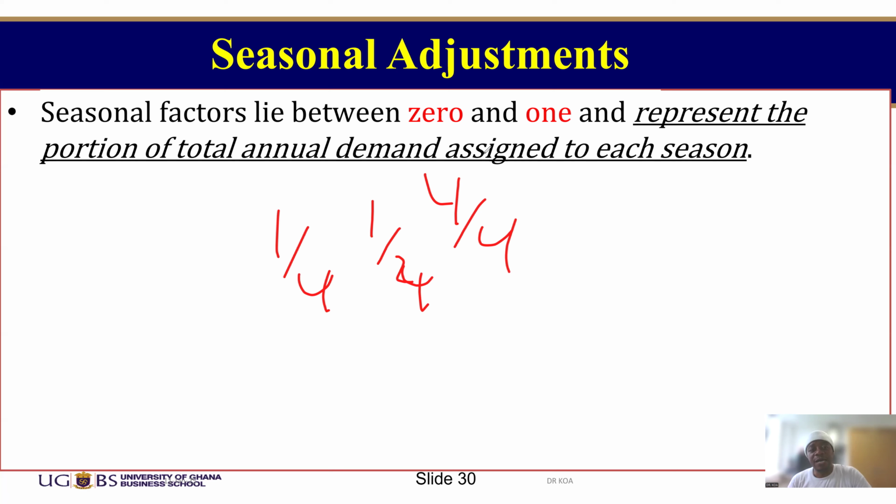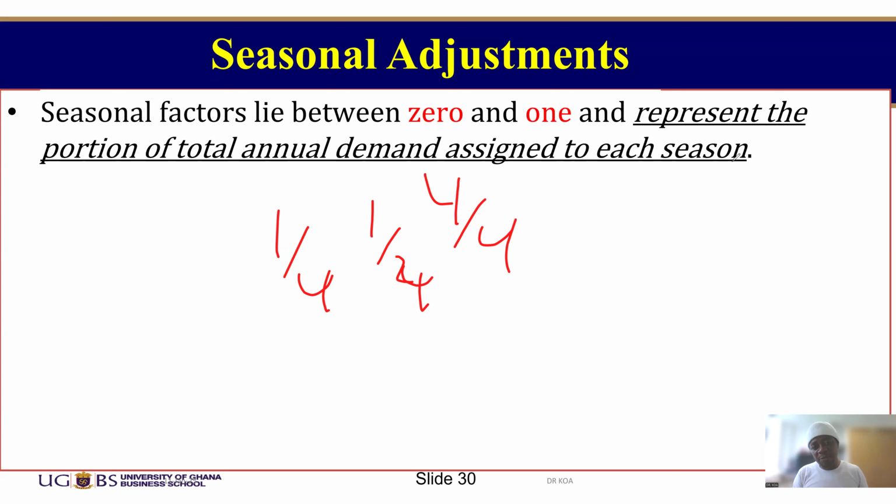Now, the seasonal factor tells you the percentage of the total demand assigned to each season. Or in other words, what is the contribution of each season towards the total demand? So for example, suppose you go and do a brilliant science and math quiz.